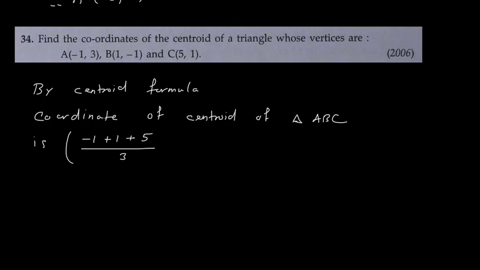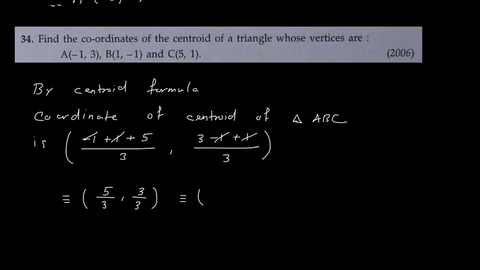So this will become, minus 1 plus 1 will cancel, it is 5 divided by 3, comma, minus 1 plus 1 will cancel, and it is 3 divided by 3. So 3 divided by 3 is 1. So this is 5 divided by 3, comma 1. This is the coordinate of centroid.